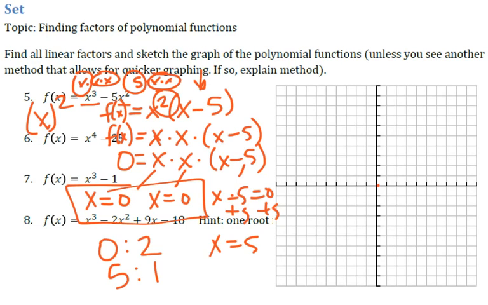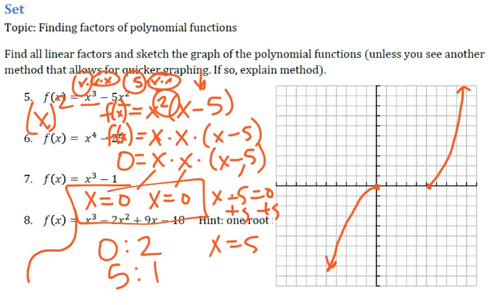That means at my origin, I'm touching. And then at 5, we're going all the way through. Now, it's cubic, so I know my basic shape looks like that. So my end behavior from this one, it's going to be going down this way. From this one, it's going to be going up.